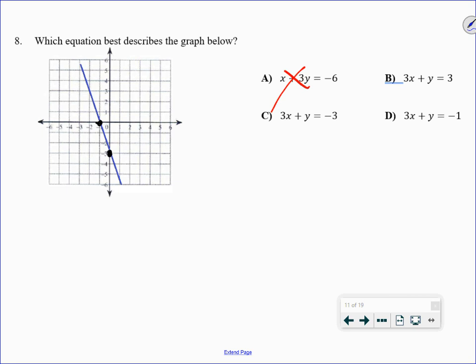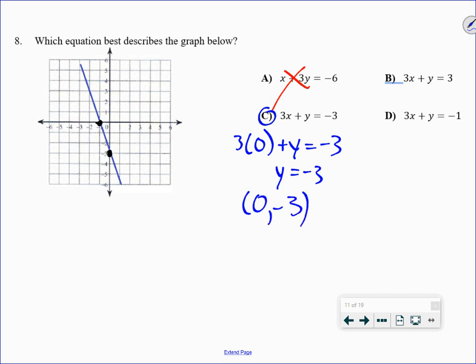Or you could try plugging in, let's do C. I could plug in 0 for x, and that gives me a y-intercept of negative 3 because y equals negative 3. So the point 0, negative 3 is on that graph.